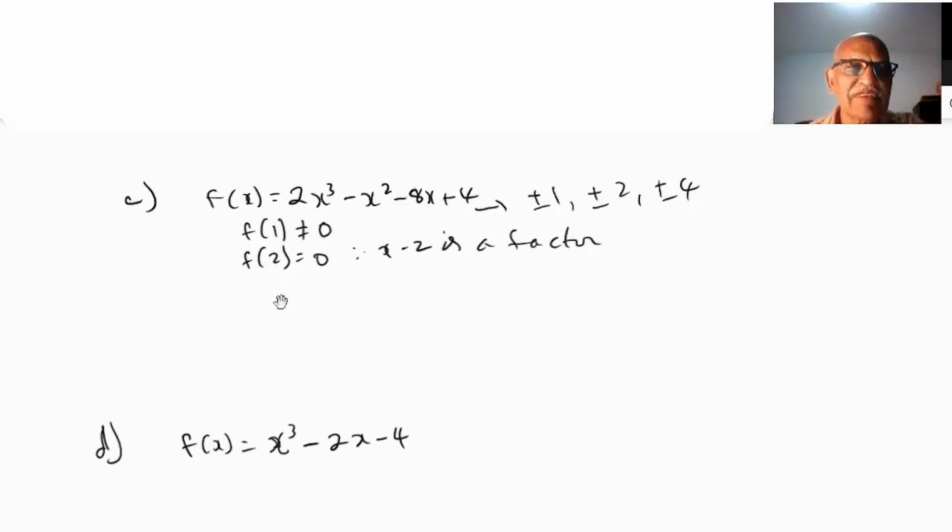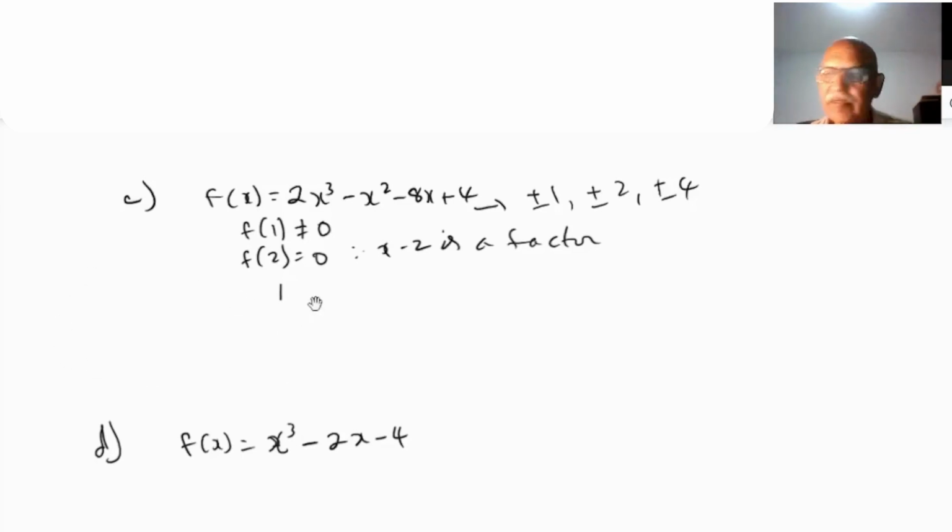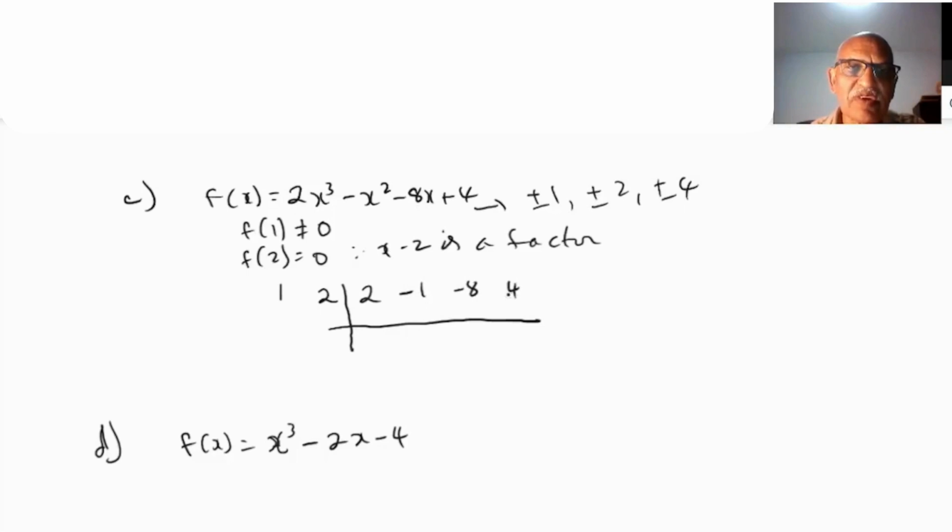Since x minus 2 is a factor, I do synthetic division here. I take the 2, a vertical line, and write the coefficients here: 2, negative 1, negative 8, positive 4. I bring down 2. 2 times 2 is 4, add, 3. 3 times 2 is 6, add, negative 2.